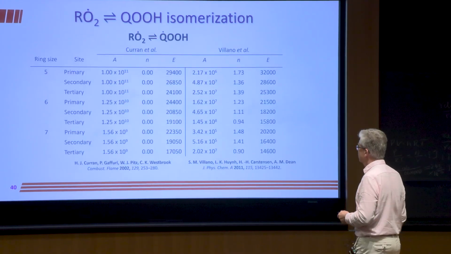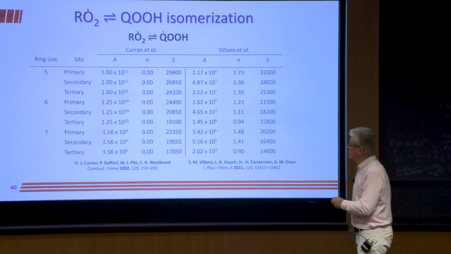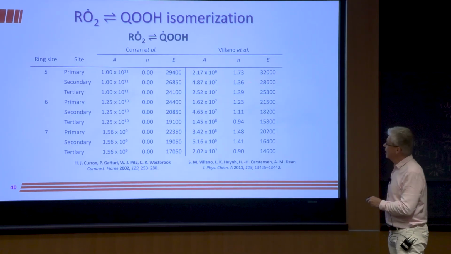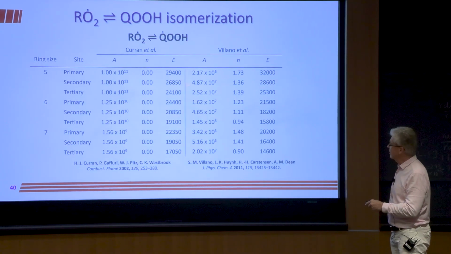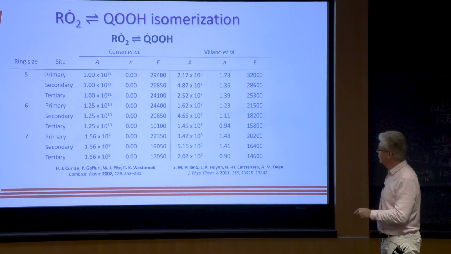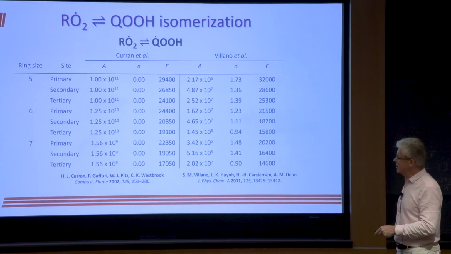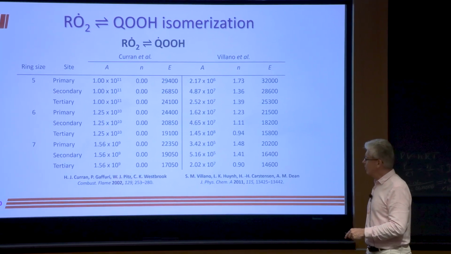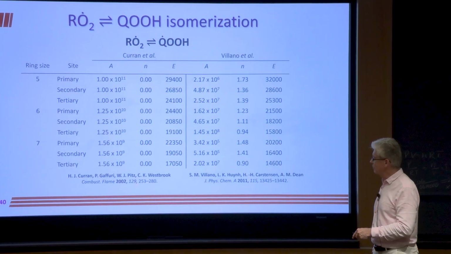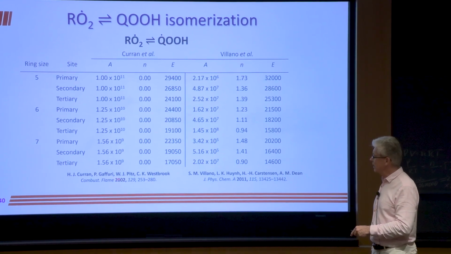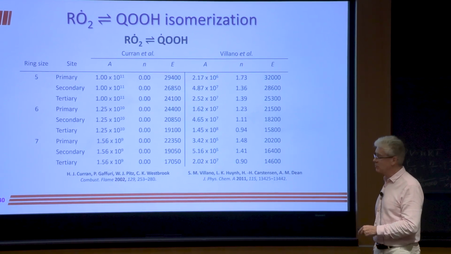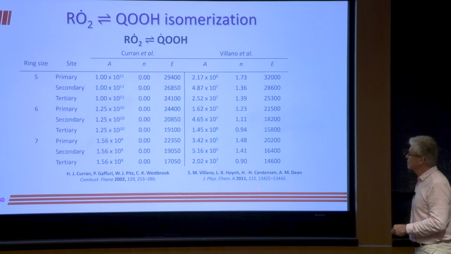But what they did then was they have tables of rate constants for 5-membered, 6-membered, and 7-membered rings. So these were the rate constants that we plotted in Livermore in the isooctane mechanism, right, in 2002. These are the rate constants plotted in 2011.